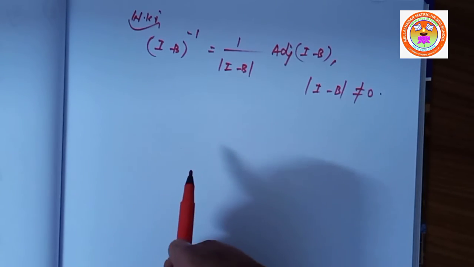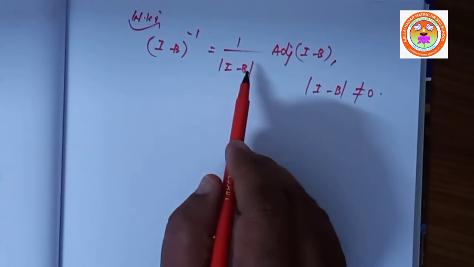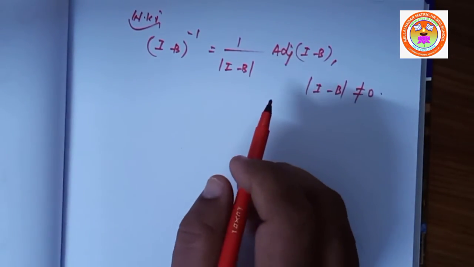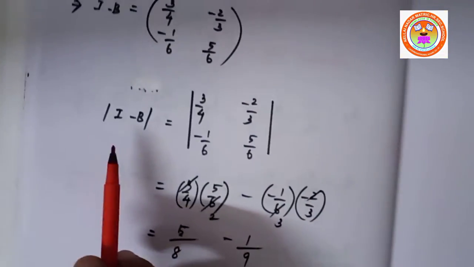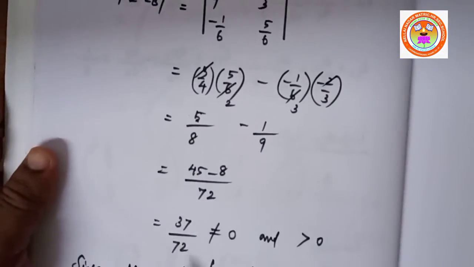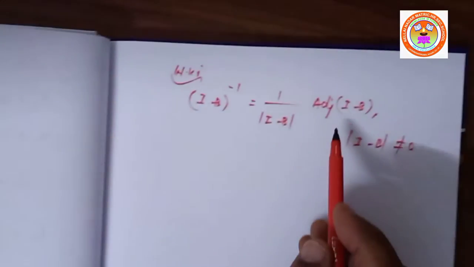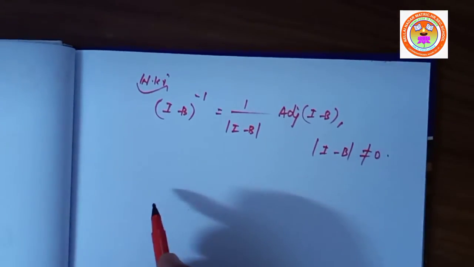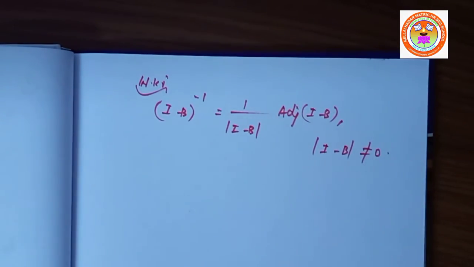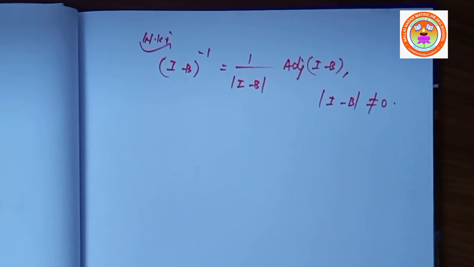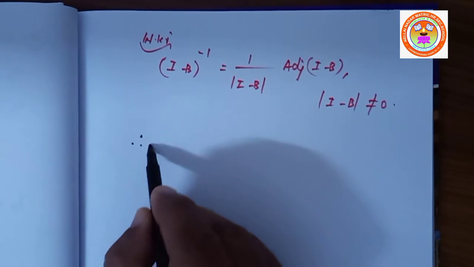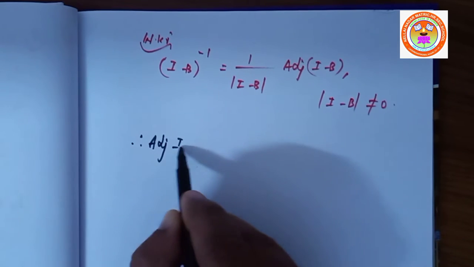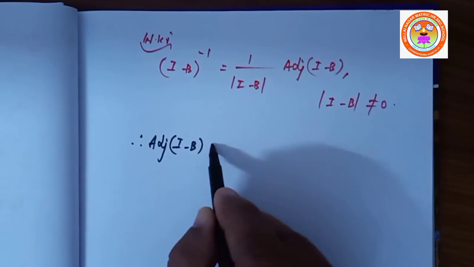Then we have to find the determinant of I minus B. Already we found that one, here it is. Just you have to find the adjoint of I minus B.